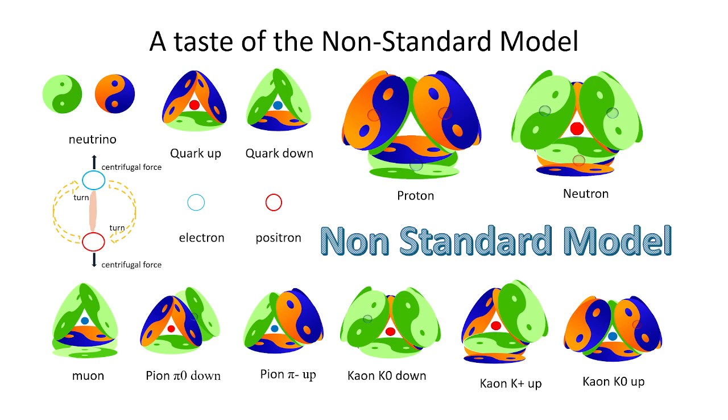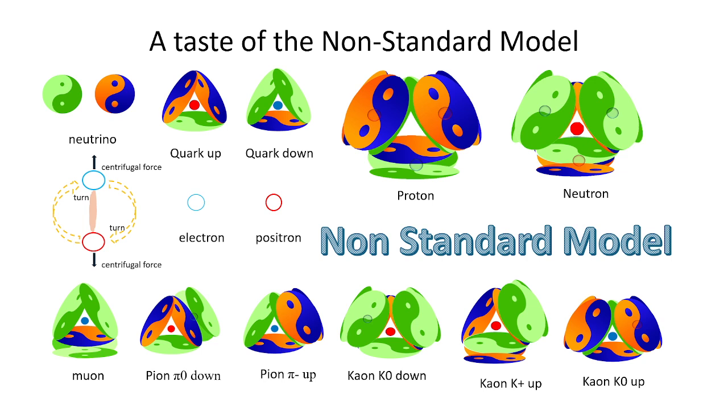A test of the non-standard model. You have electron position in the center. On the left top you have the neutrino, and just below you have the neutrino modeling.